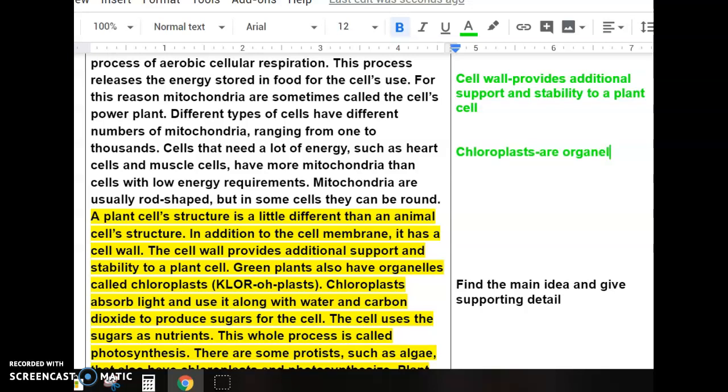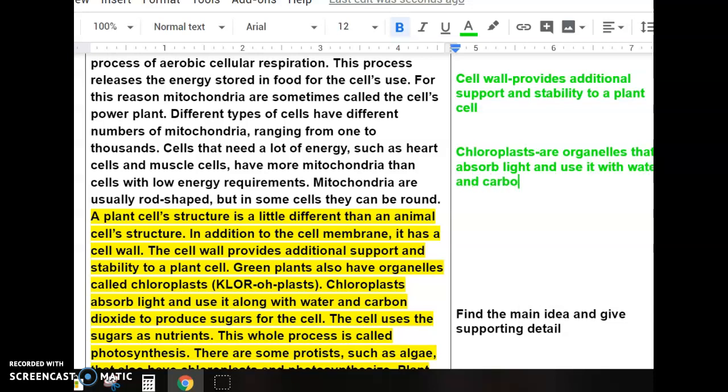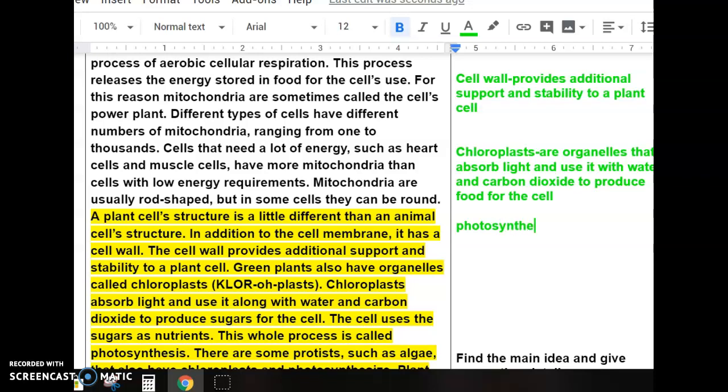Remember, that just means tiny organs inside of a cell, that absorb light and use it with water and carbon dioxide to produce, now this is where I'm going to put it in my own words, to produce food for the cell. And then another keyword I'm going to add is photosynthesis, because that's another important science word that I just want to remember.